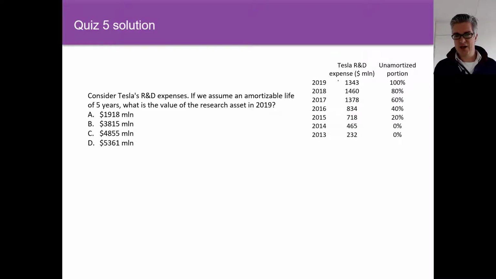So what does that mean? That means that the expenses that I have in 2019 contribute for 100% to the research asset. In 2018, they still contribute for 80% to the research asset. So I'm going to say, hey, of this knowledge that I poured money into last year, 80% is still very usable.